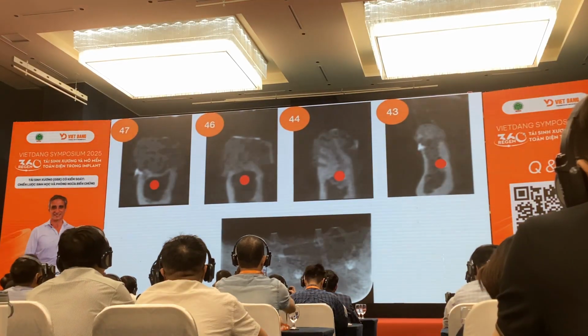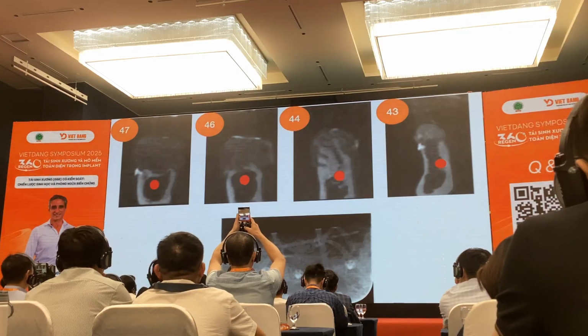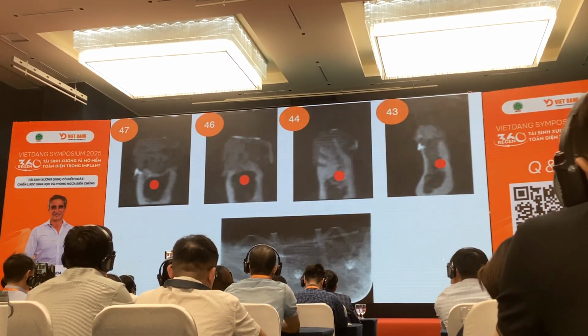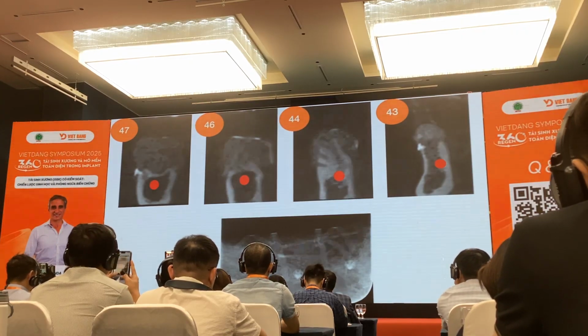And it's very, very interesting to evaluate the maturation of the bone, as in the first case that I presented, in relationship with the periosteal contact.